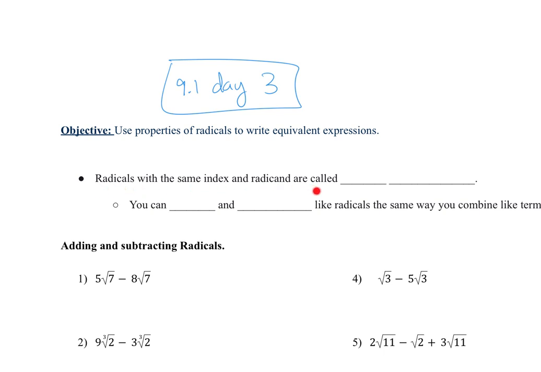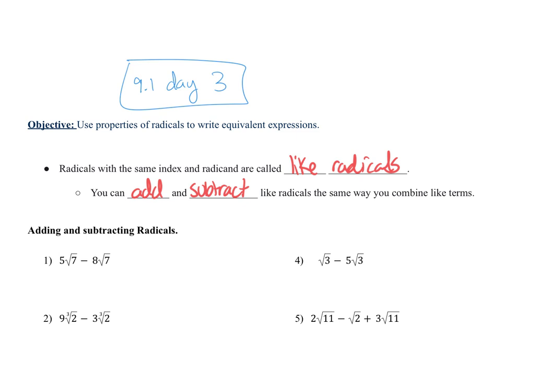Radicals with the same index and radicand are called like radicals. You can add and subtract like radicals the same way you combine like terms. So if I'm talking about like terms, I'll write an example over here.